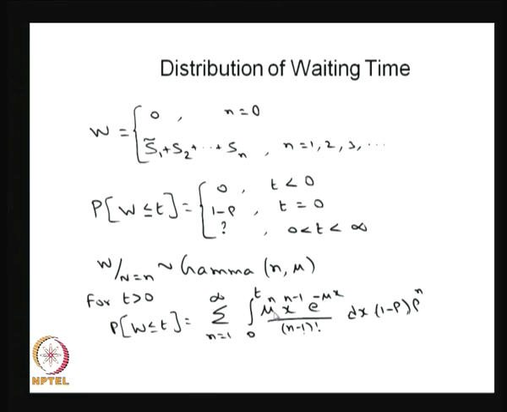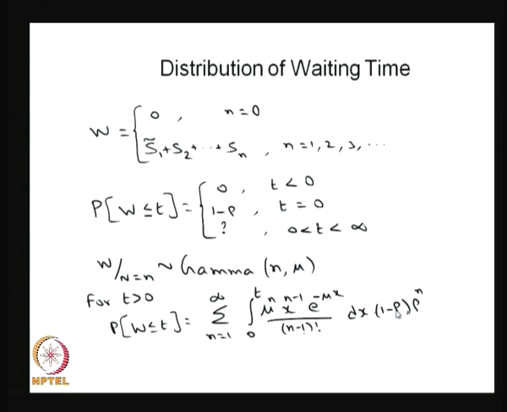So, I have the probability density function of a gamma distribution with the parameters n and mu, multiply and integrate between 0 to t, that will give the CDF, and the unconditional is obtained by multiplying by the probability of n customers in the system, with the summation. Therefore, the CDF is the summation n equal to 1 to infinity, integration 0 to t of the probability density function of a gamma distribution multiplied by the probability of n customers in the system.